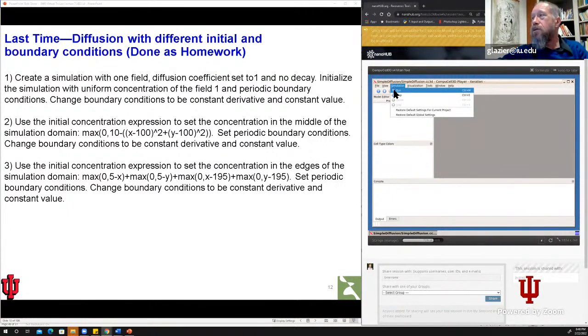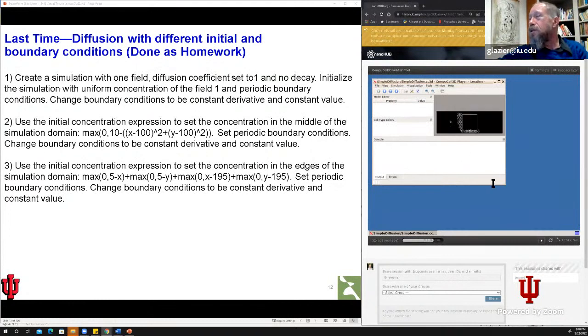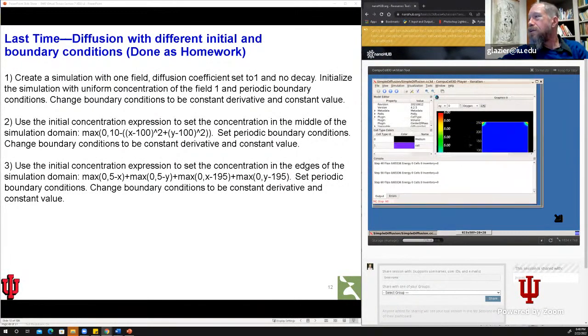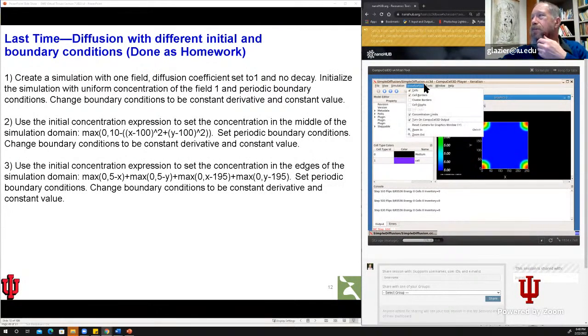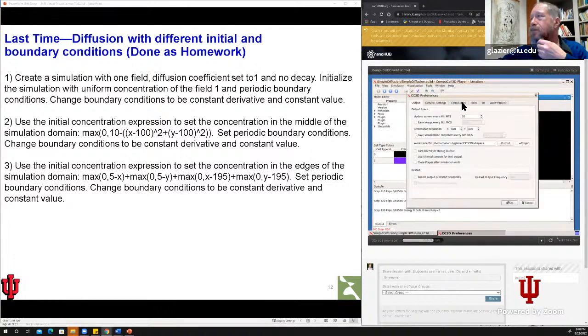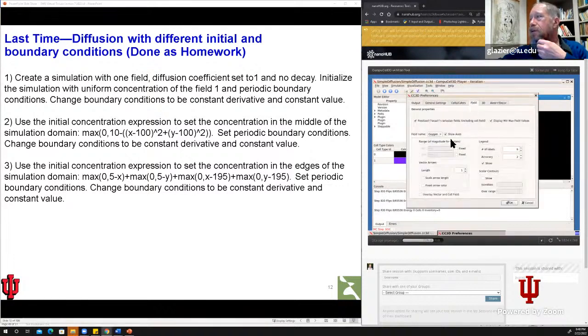Well, Python should work. Let's see. Here I have diffusion from the corners, but it says 5 everywhere, which is sort of odd. Let me see what happened. The field is floating everywhere, so it should be all right.